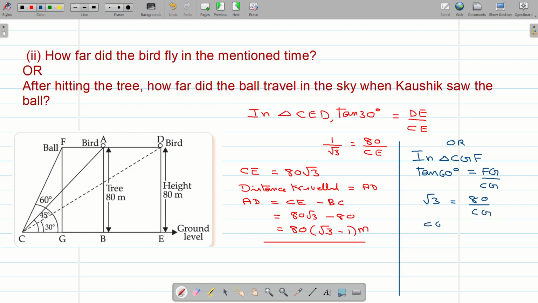So CG is equal to 80 upon root 3. Multiplying both the numerator and denominator by root 3, we get 80 root 3 upon 3. This is just to rationalize it.